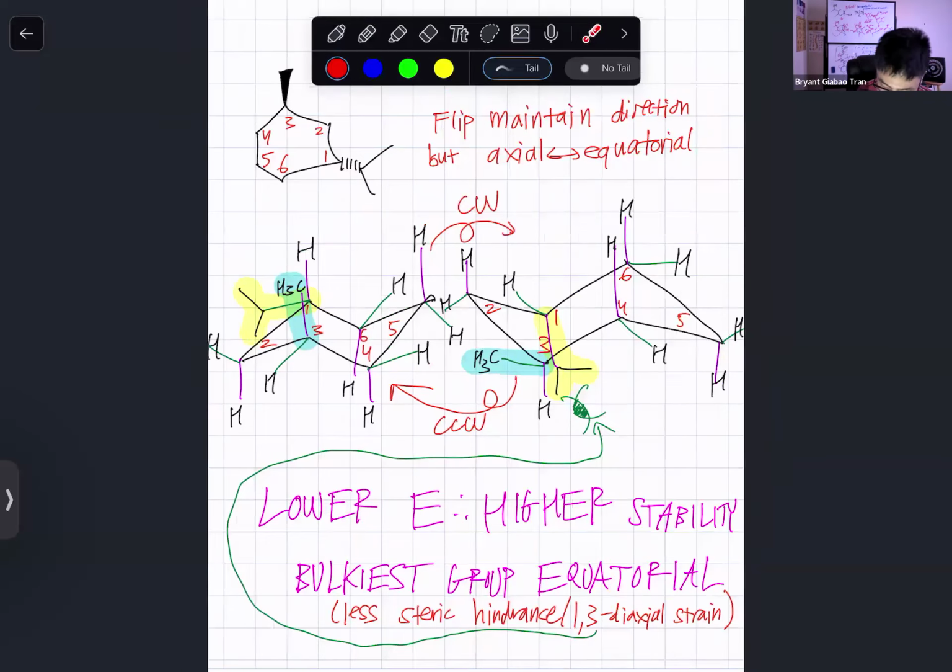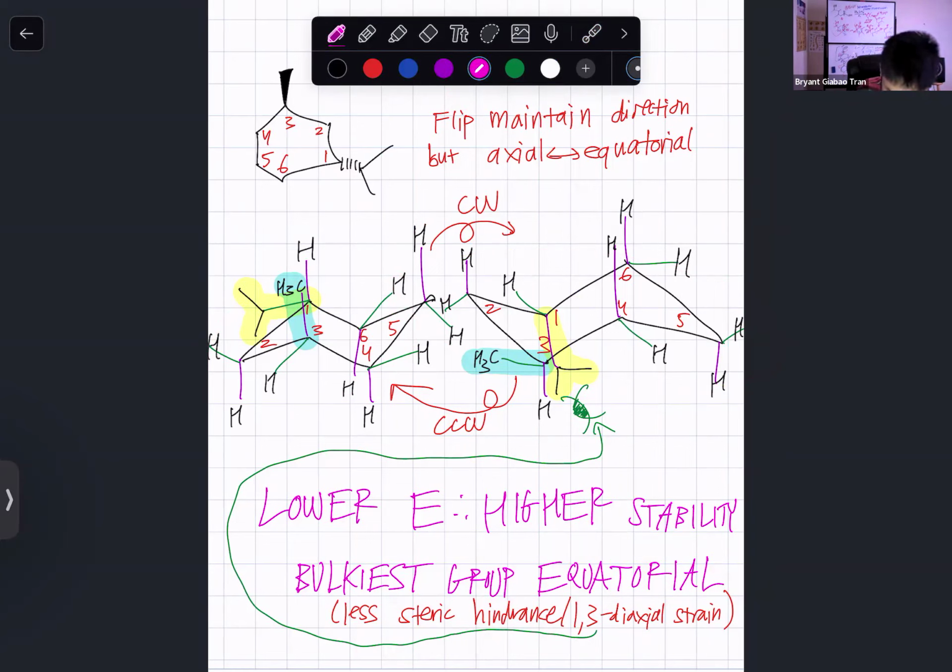Right. So which one of these will have lower energy, the left one or the right one? Yep, the left one.